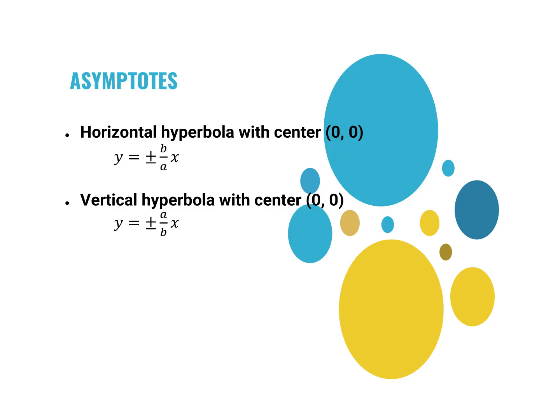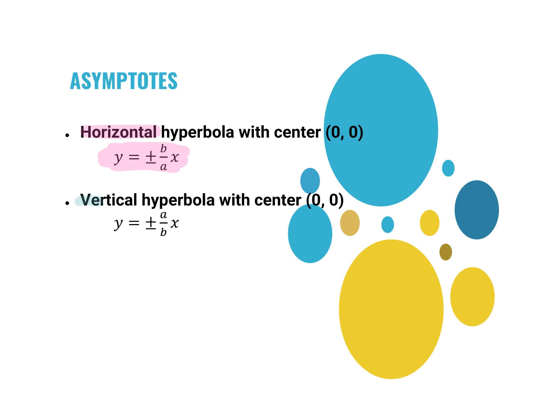On the next page, we have our formulas for the asymptotes. Depending on if we have a horizontal or vertical hyperbola, meaning a horizontal transverse axis or vertical transverse axis, we have a different formula. So horizontal, our formula is y equals plus or minus b over a times x.